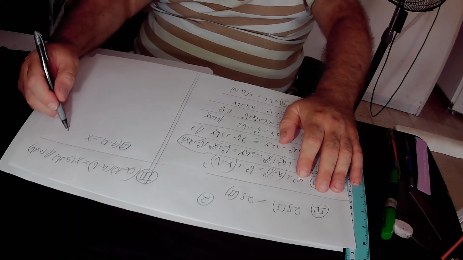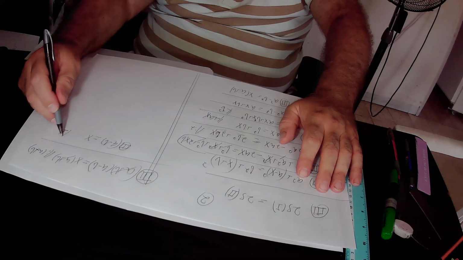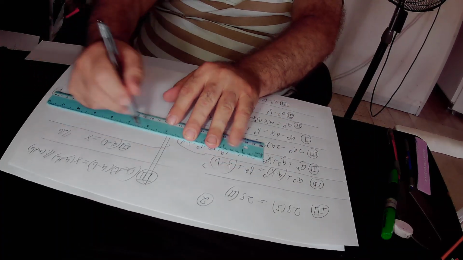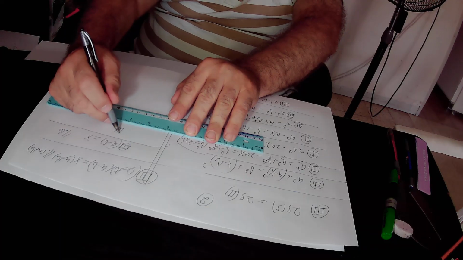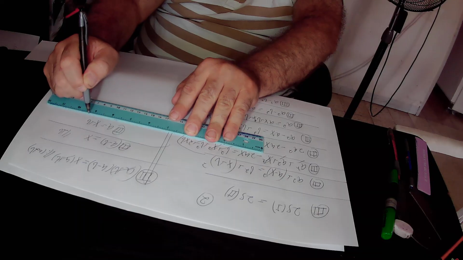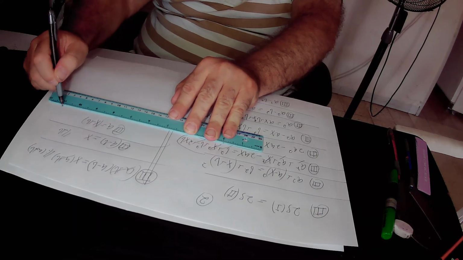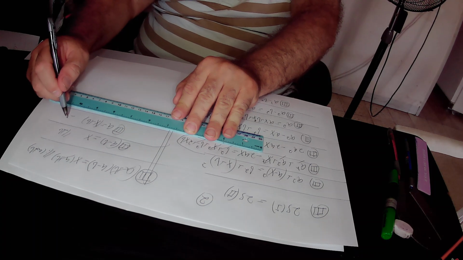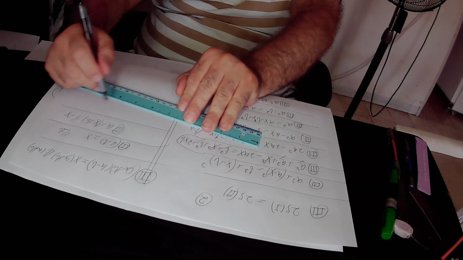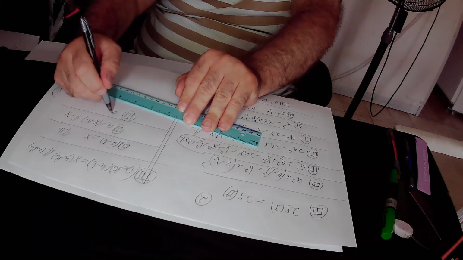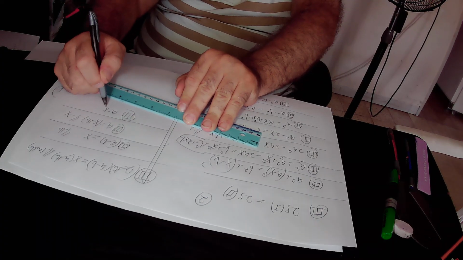Here we will add b to this equation 3, and finally get that a equals x plus b. Here we subtract x from this equation 3, and we get that a minus x equals b.